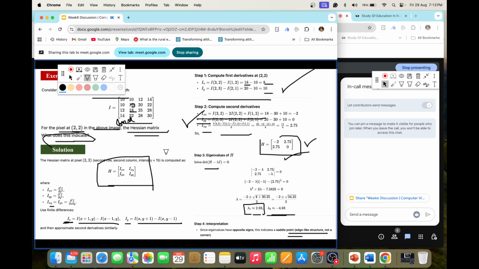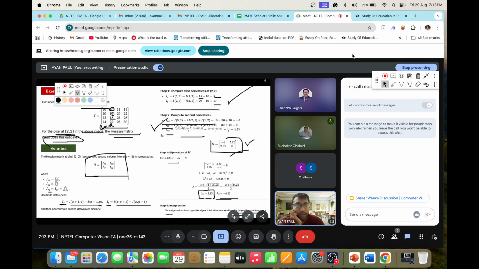And then we have 1 comma 2. 1 comma 2 is first row, second column, that means 10. From the actual grayscale image, the matrix that has been given, from there you have to get 3 comma 2 and 2 comma 2. 2 comma 2 is 15, 1 comma 2 is 10, and 3 comma 2 is 18.